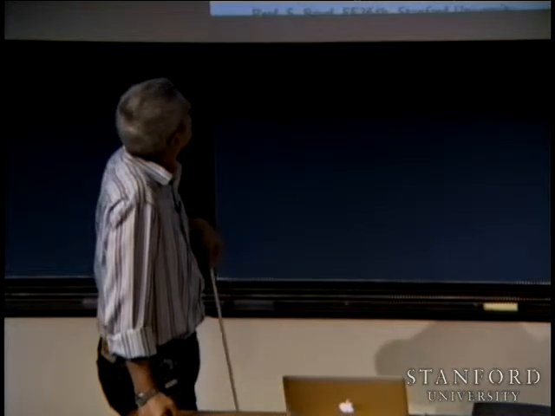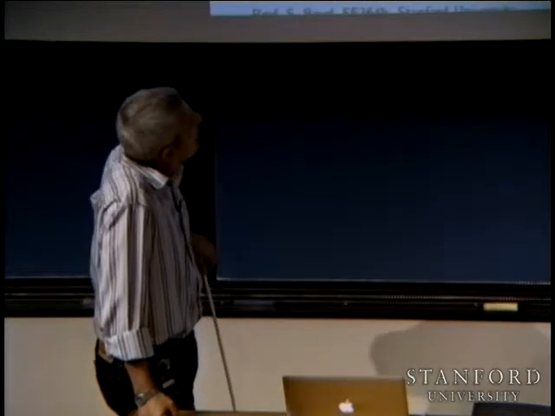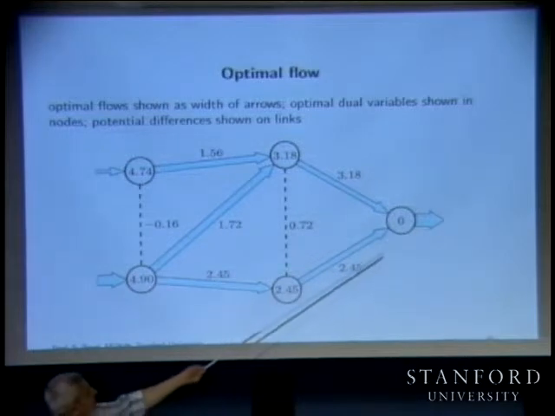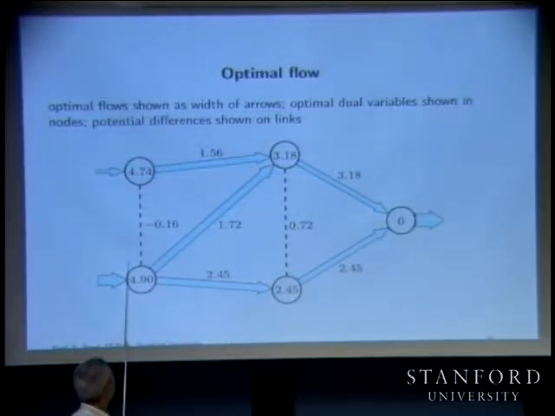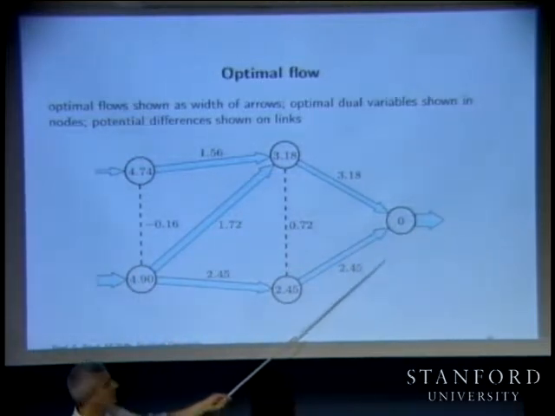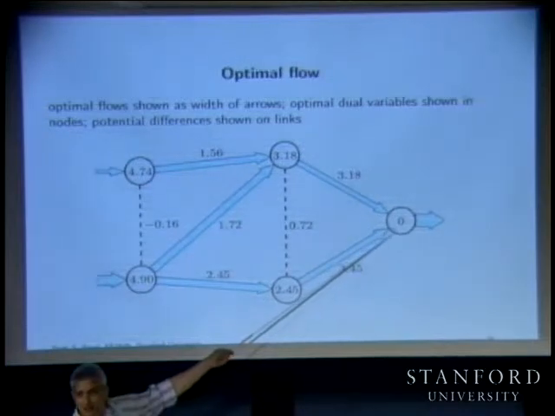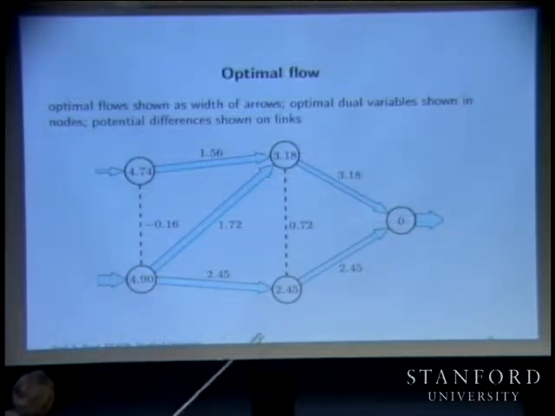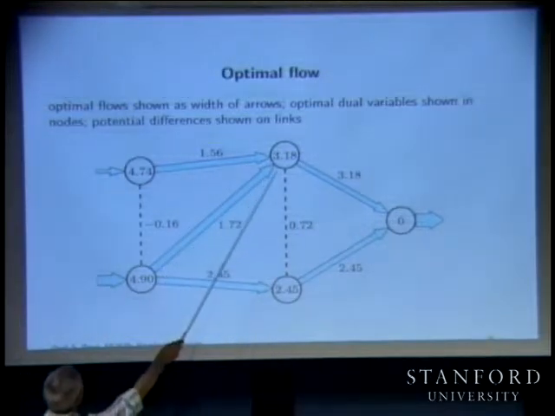But anyway, okay. So this is the optimal flow, and in particular on these cross links, there's zero flow. What's shown here are the potentials. For simplicity, I could add any number I like to all of the potentials. It would make no difference whatsoever. But I just took the termination node and made that the zero, or the ground potential. So these are the potentials here. And then you can look at the potential difference. Maybe that is the difference between that and that.